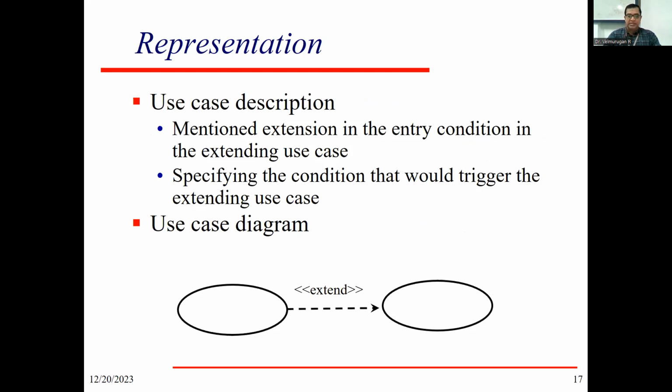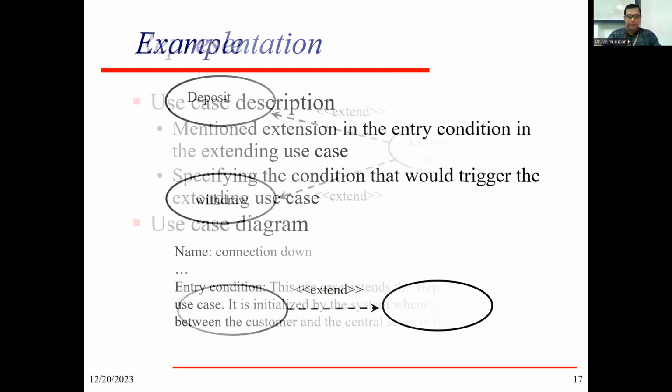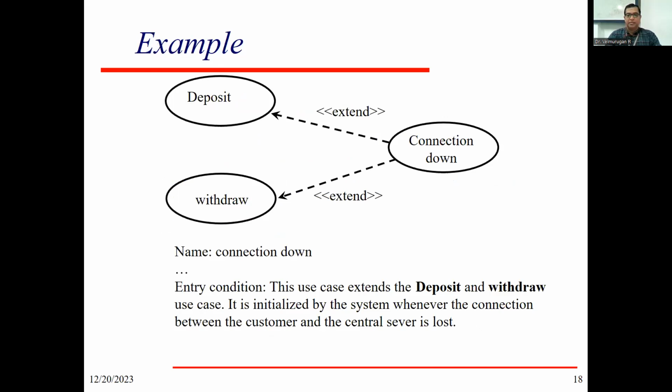So the example is given over here, A extends B. In a simple example, there is a connection down that is going to happen in a particular banking transaction, in a particular bank server. That connection down is going to get extended to the withdraw and the deposit processes. Deposit and withdraw cannot happen if the connection is down in an ATM machine.